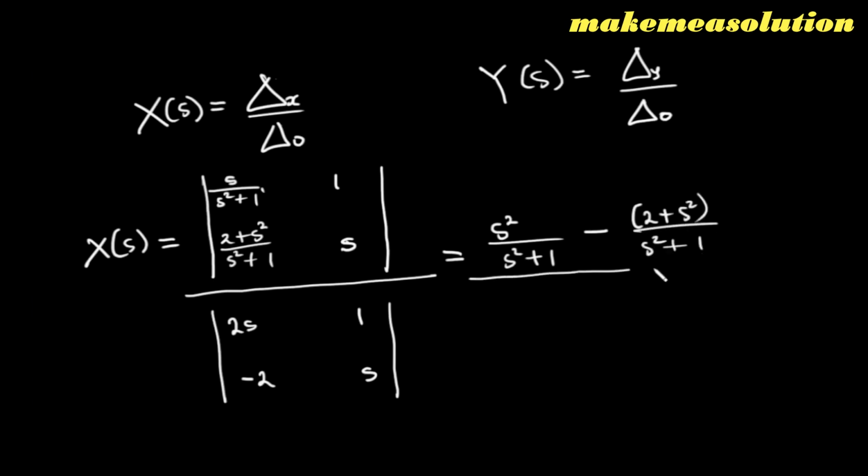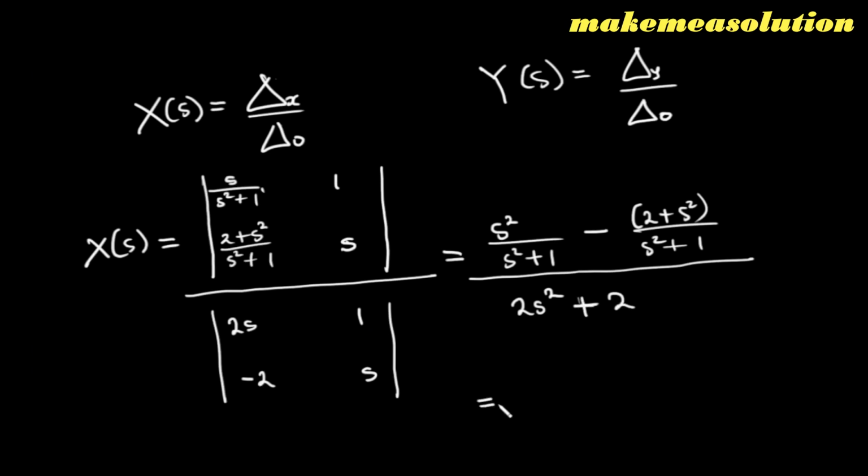Divided by: this times this gives 2s squared, and this times this gives plus 2. It's a plus because the minus in front interferes with the negative to give this plus sign.